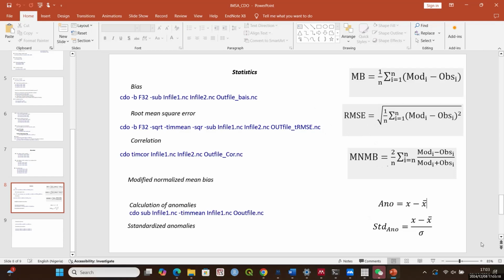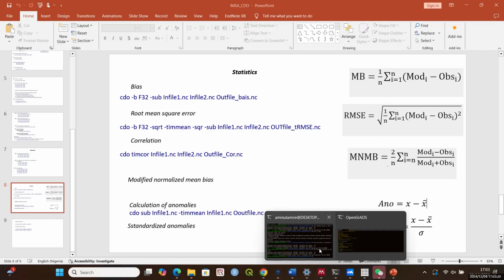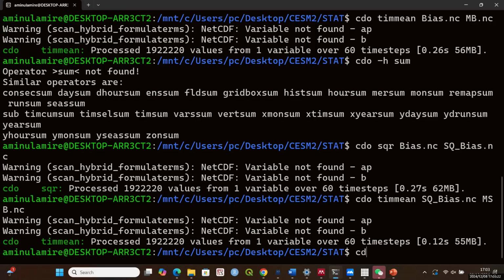So we'll go back to CDO. We do CDO. What do we write for square root? SQRT.